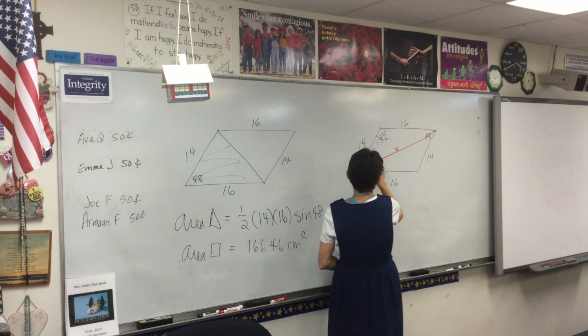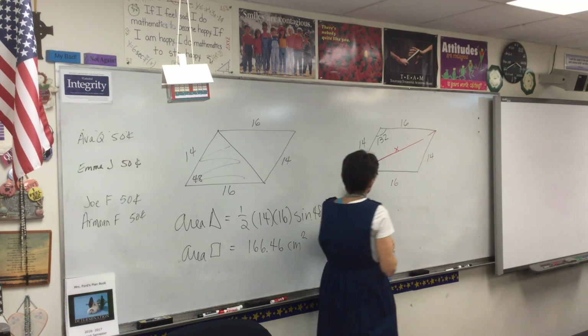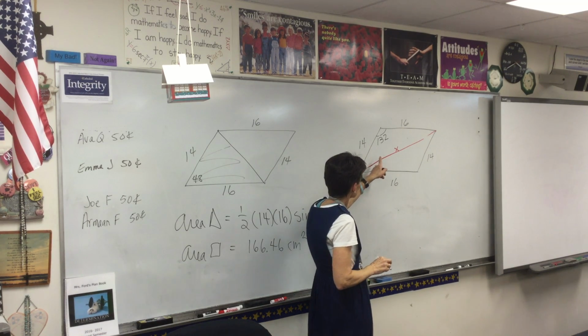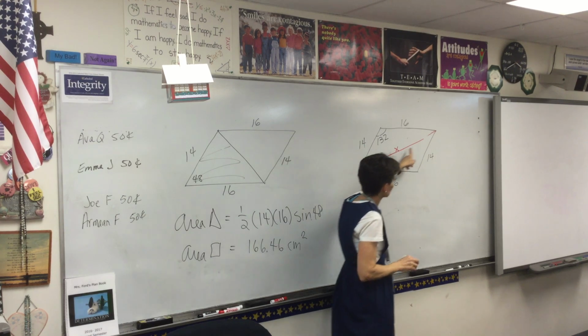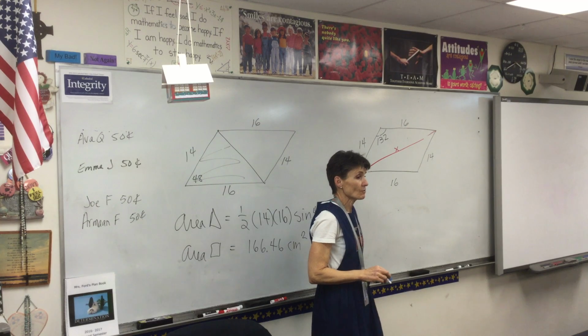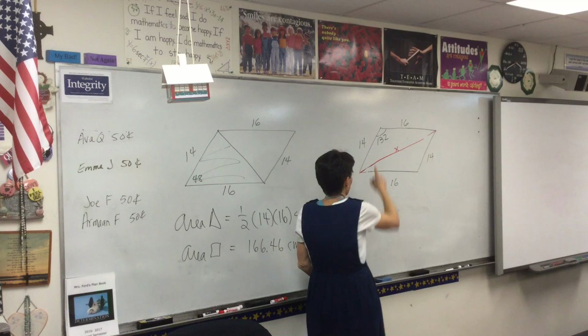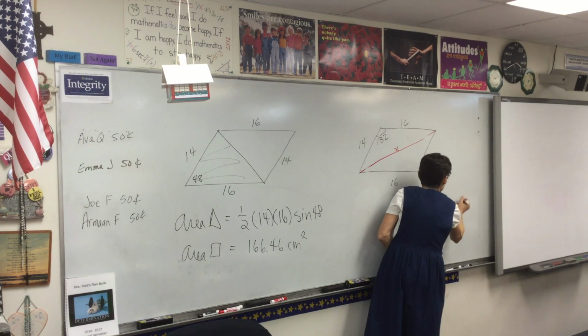Now, I'm going to get some of this extraneous stuff out of here because I want you to look at what you've got. Look at this top triangle. You want to find this side. Are you going to use the law of sines or the law of cosines? Cosines. The angle is 132.